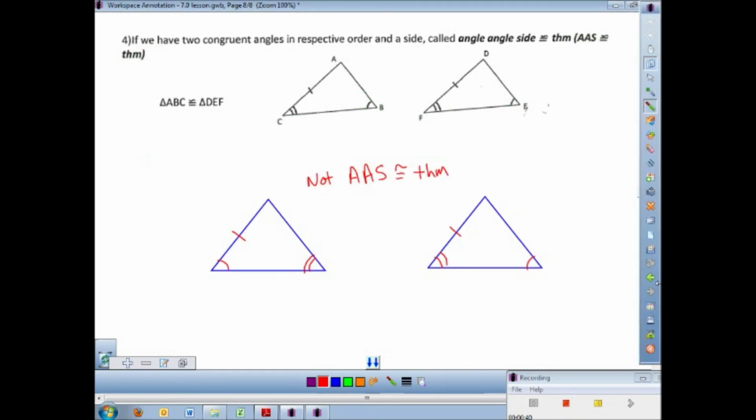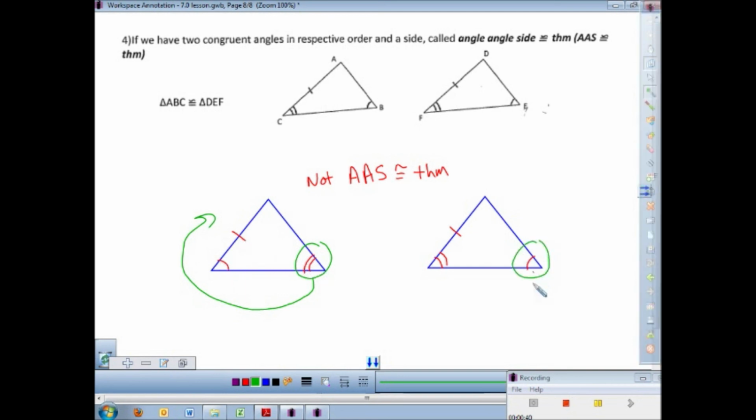Here's an example that doesn't work. If you go around the clock this way, from here to here, notice you went double arc mark, single arc mark, side. And then in the same direction, same orientation over here, the arc marks got all switched around. It went single, double, side.